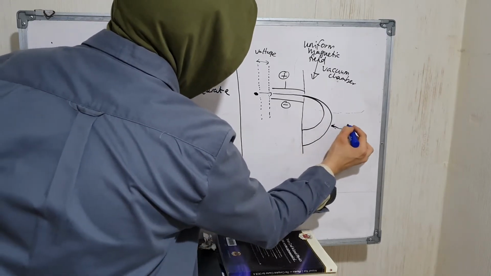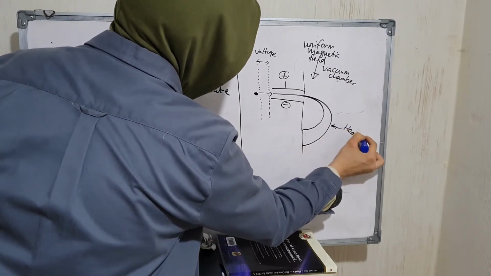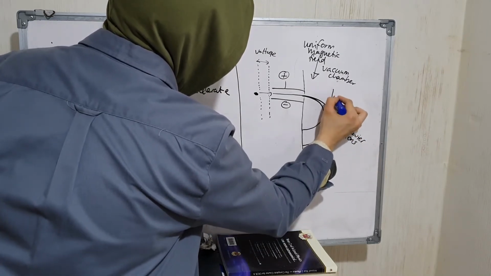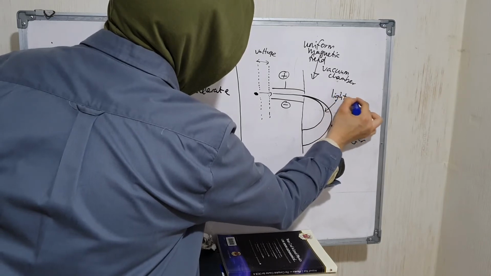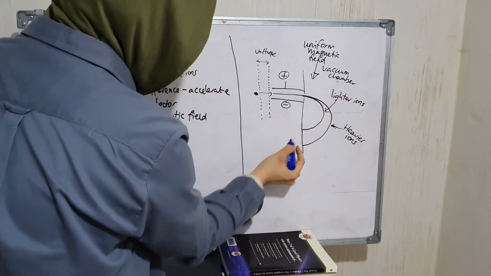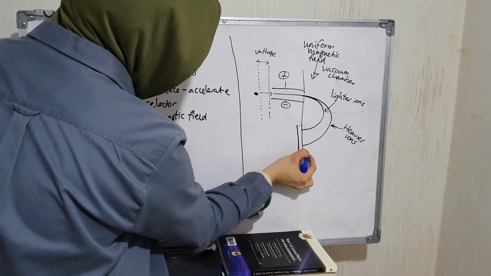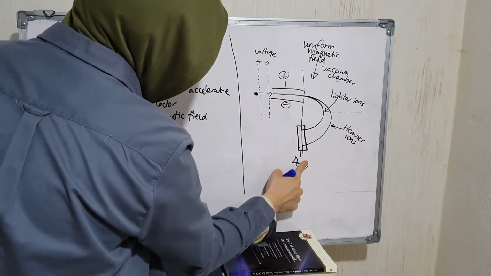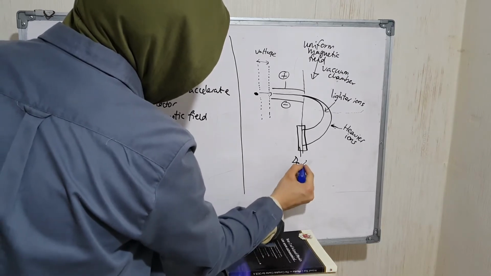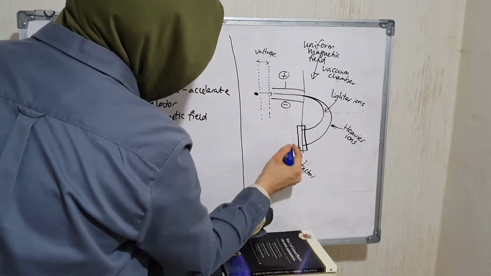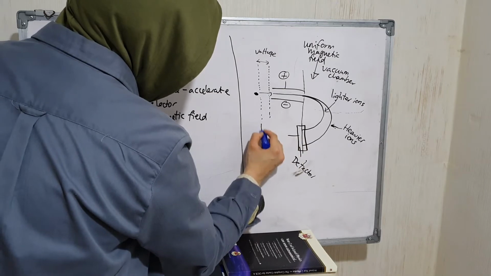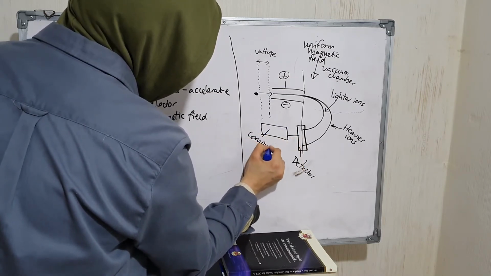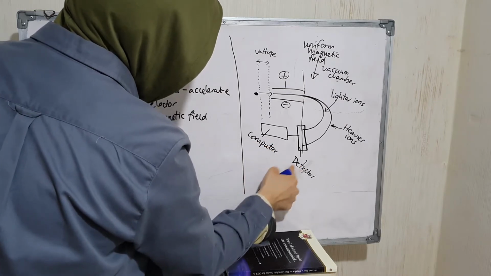So here it will be heavier ions, and this one here will be lighter ions. Here is the detector, and here it is connected to a computer.